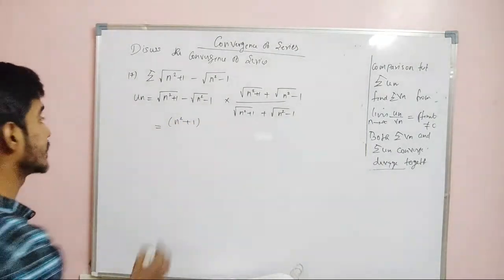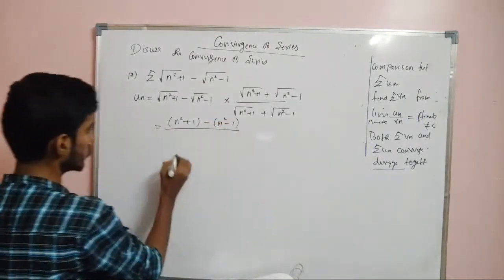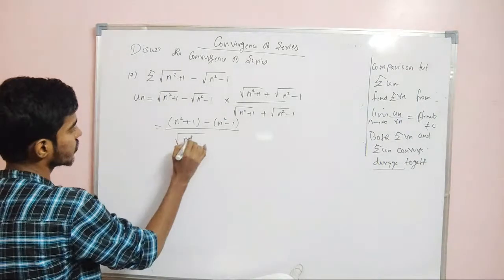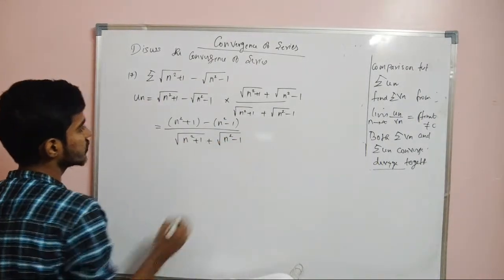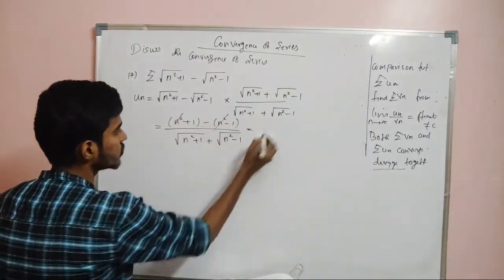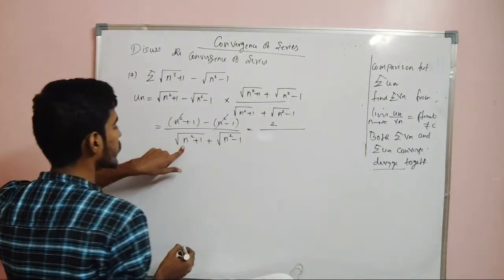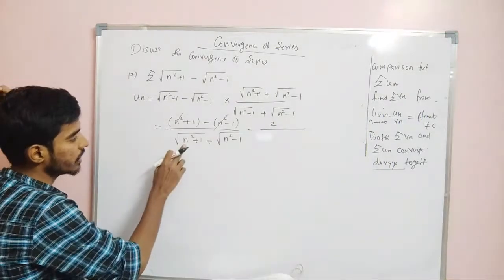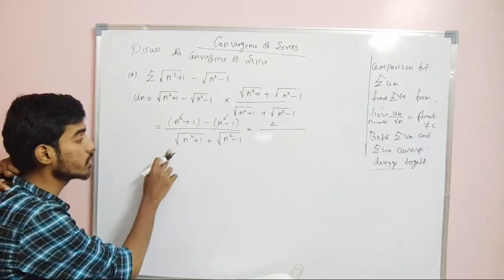So the roots will get cancelled, so we have n square plus 1 minus n square minus 1 divided by square root of n square plus 1 plus square root of n square minus 1. This n square will get cancelled, so this will be 2, so 2 divided by, now again I can take n common here, right? Because I can take n square common here. If I bring that outside of the root, it will be n alone.